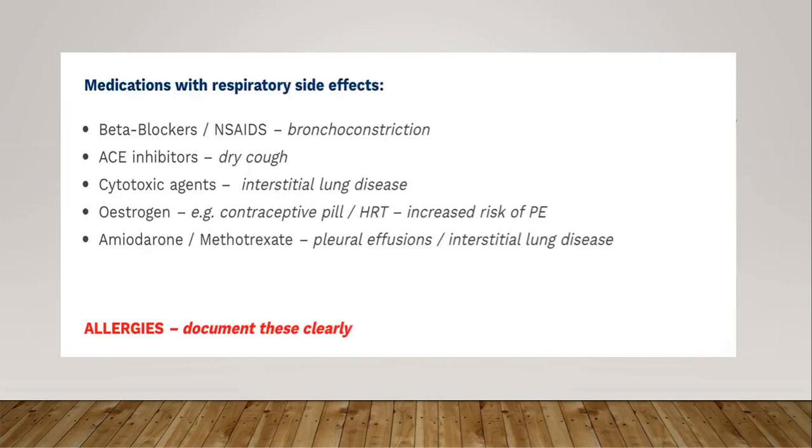Medications that can cause respiratory side effects: we have to ask about beta blockers and non-steroidal anti-inflammatory drugs, which can cause bronchoconstriction. ACE inhibitors can cause dry cough. Cytotoxic agents cause interstitial lung disease, like methotrexate and amiodarone. If the patient is on oral contraceptive pills, there is increased risk of pulmonary embolism.